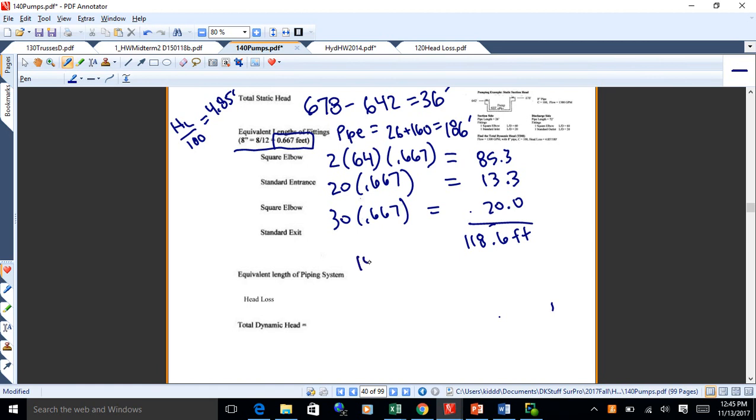So I've got 186 feet of pipe, and the fittings themselves have a head loss that's equivalent to 118.6 feet. So I can add those together, I'll get 304.6 feet.